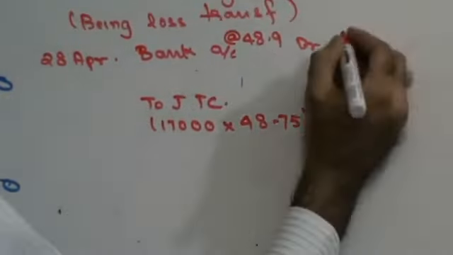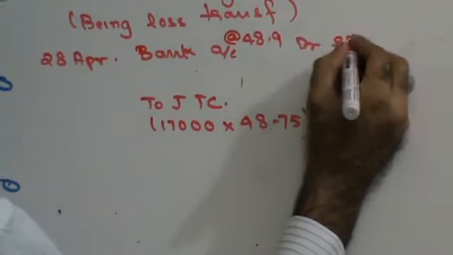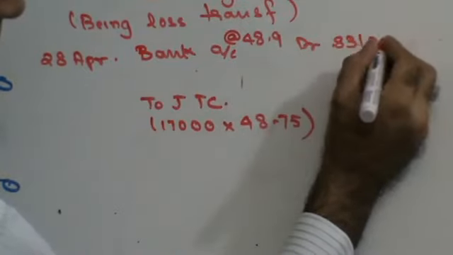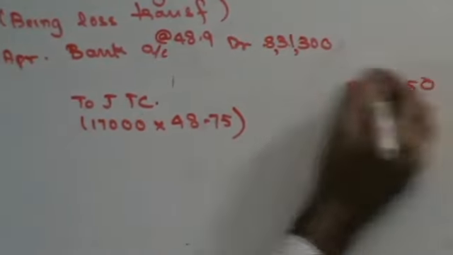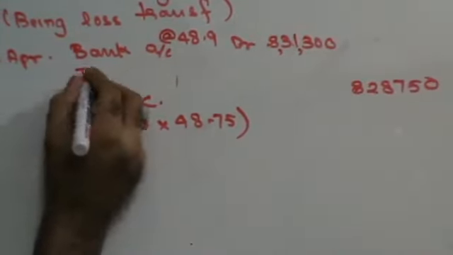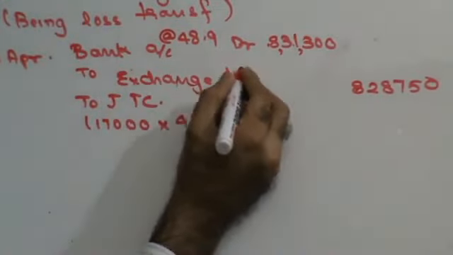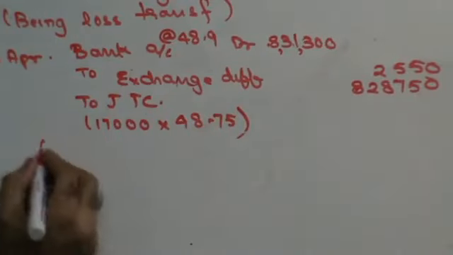Right, someone please tell me these figures. 8,31,300. That is 8,28,750. Right, so the difference is going to be exchange difference, 2,550.